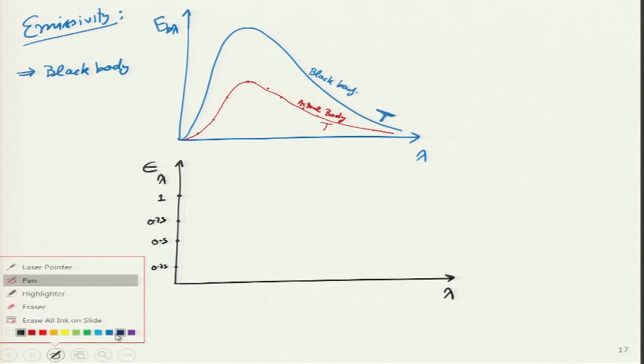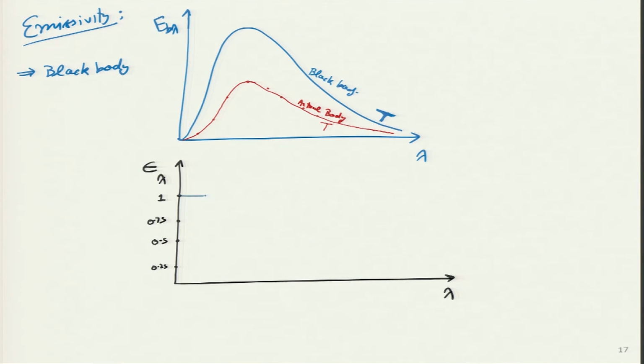Without explaining much detail, I will give the number 1 to all the wavelengths for the black body. I have not formally defined emissivity or even spectral emissivity, and what I am going to do is define, for this particular actual body, the ratio at each of these points.